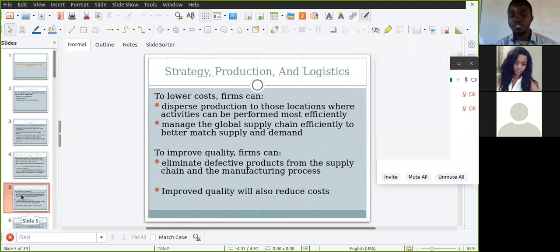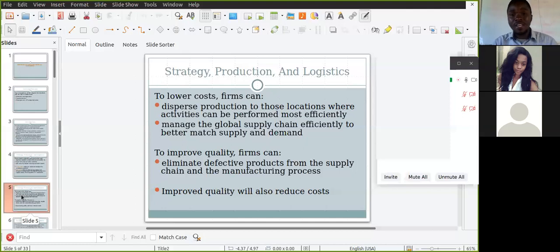So if you're producing bread, it does not need to take you a lot of resources or a higher cost for you to produce the maximum output. You need to make sure that your production is going to lower or minimize the cost of raw materials transformation into final products. That is what is meant by efficiency in producing something.